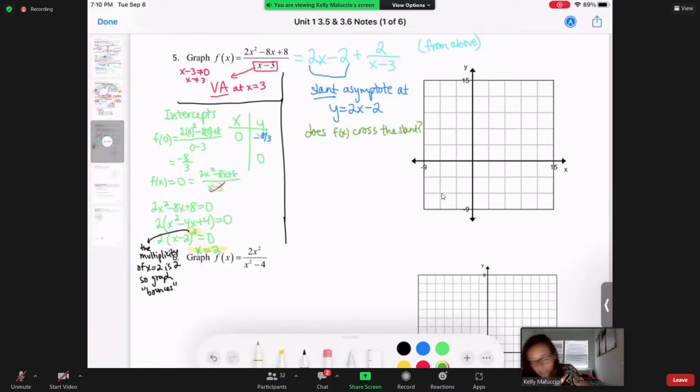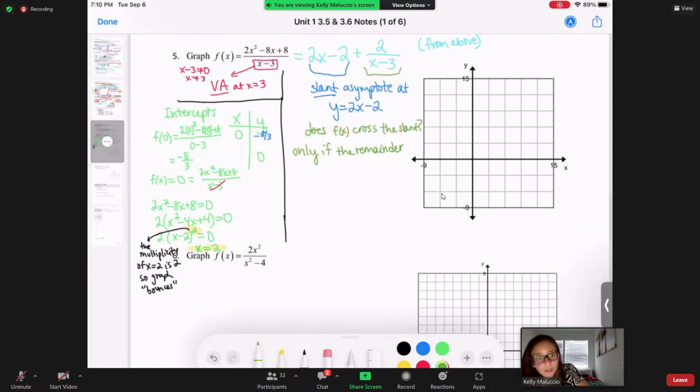It will cross only if the remainder that we found here can equal 0 for some x value.